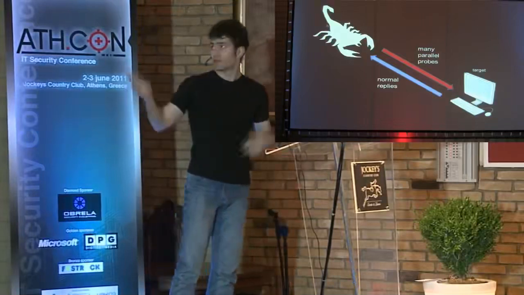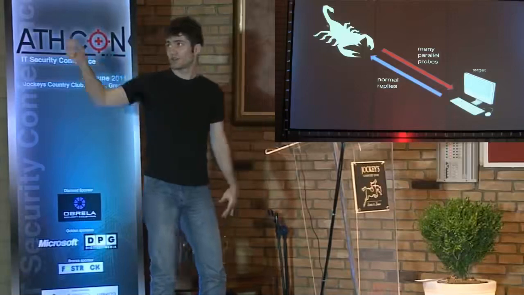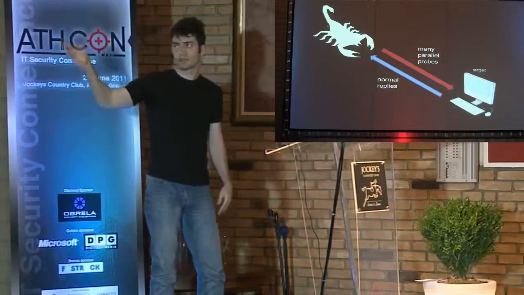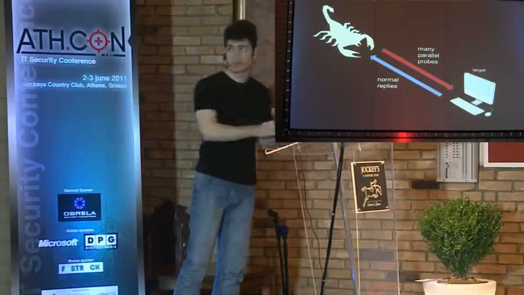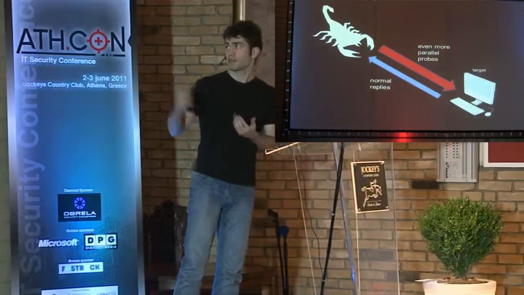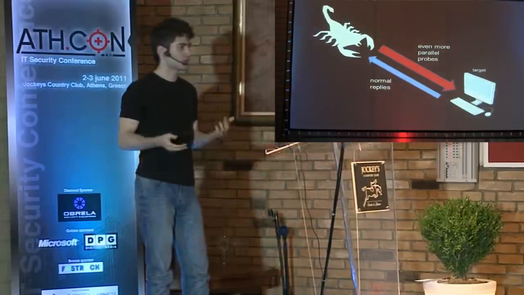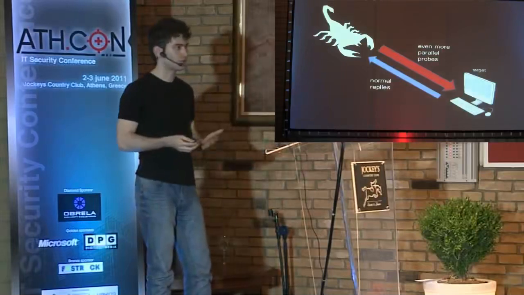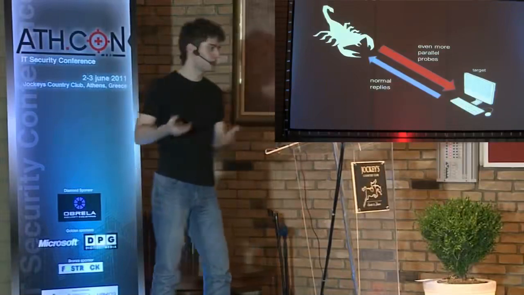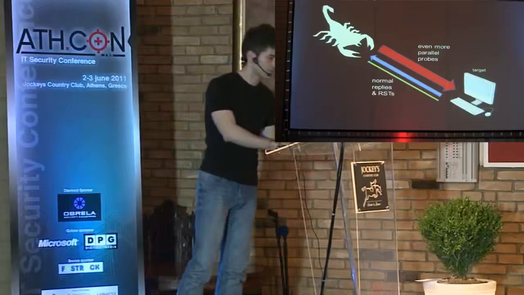And here in this picture, the wider the arrow is, the more the network traffic is. So initially this happens. Everything is normal. Then we open even more connections because we want to increase the authentication rate. And of course, the target replies with many more replies.